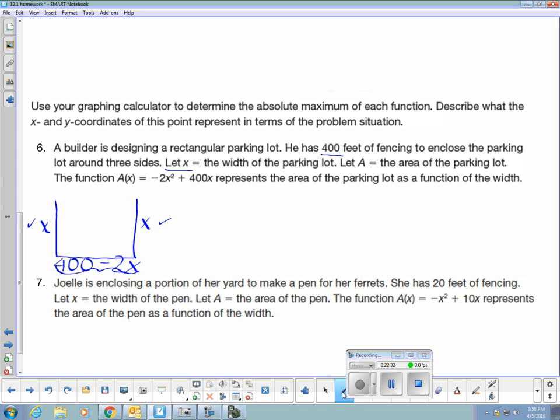As you can see, this area function came from multiplying one side of the rectangle by the other side of the rectangle.